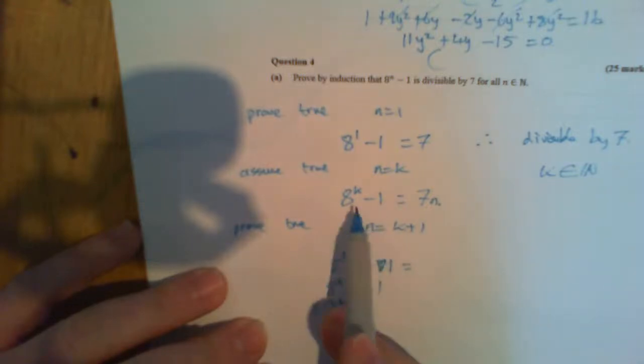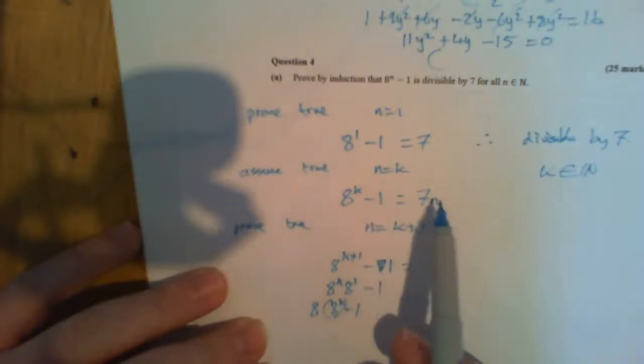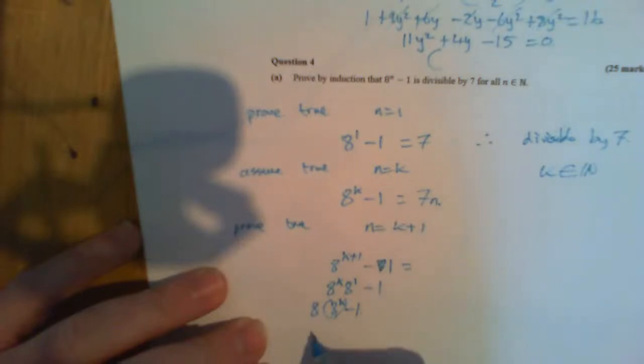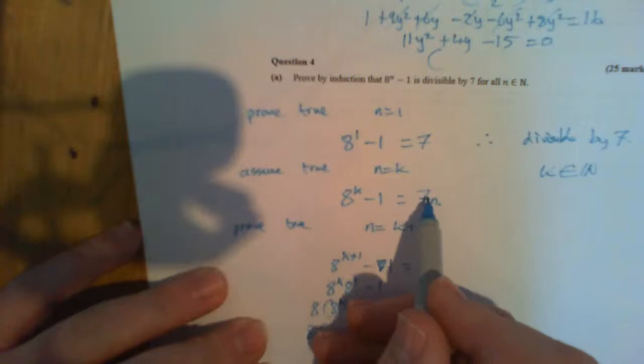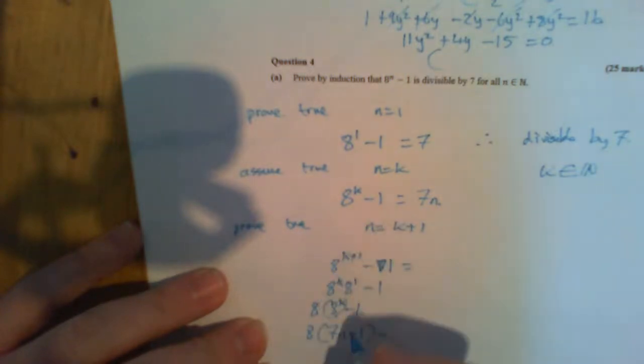Now, looking back at the assumption, I can find the 8 to the power of k if I just add 1 to both sides. So this actually becomes 8 multiplied by 7n plus 1, sorry, that's a plus 1. So 7 8s are 56, that's true, isn't it?